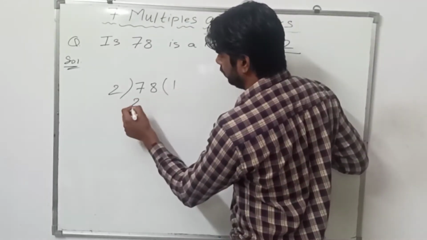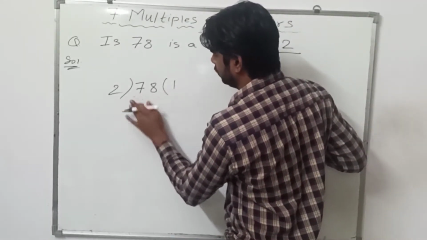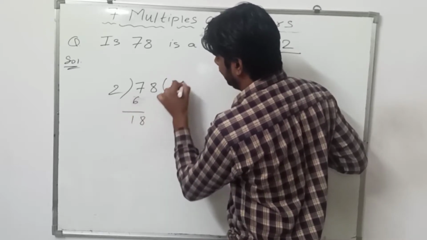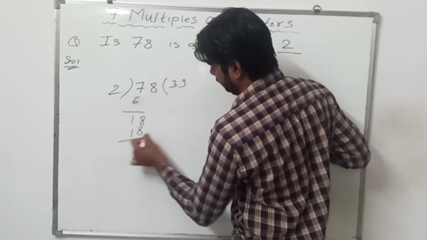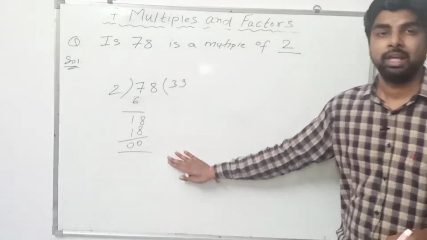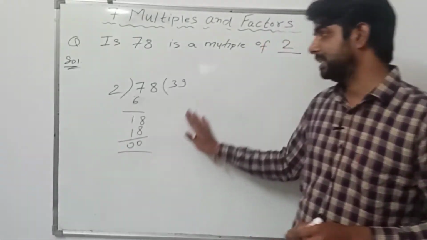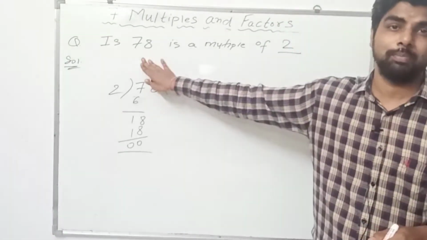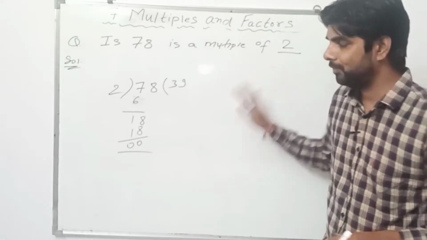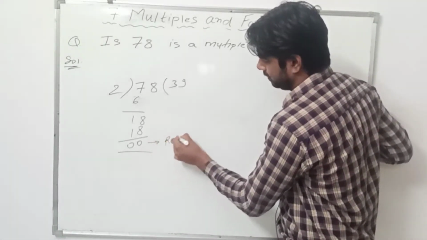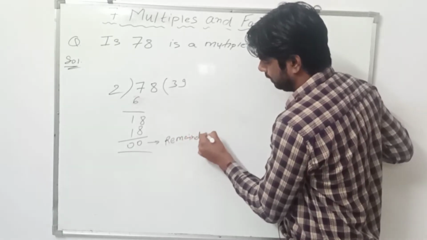2 ones are 2, we know how to divide. 2 ones are 2, 2 threes are 6, and 2 nines are 18. There is 0, 0. So whenever we get 0 as our remainder, it means that number is a multiple of another number. Here we get 0 as our remainder.